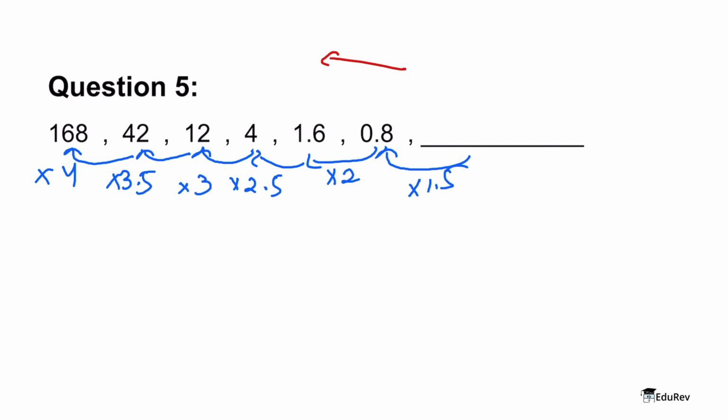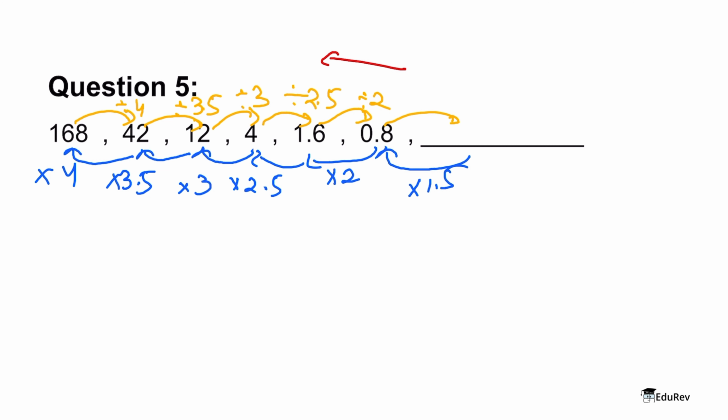Okay, so this means that if we divide 168 by 4, we get 42. Here similarly it's 3.5, divided by 3 is here, then division by 2.5, and then it's a division of 2.